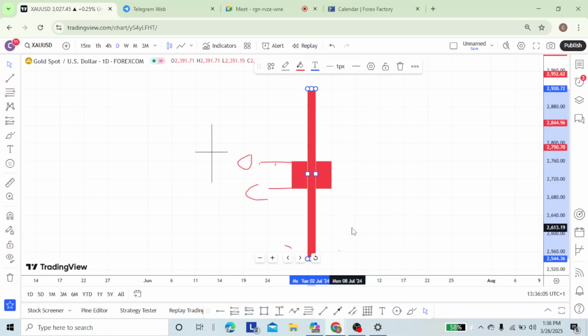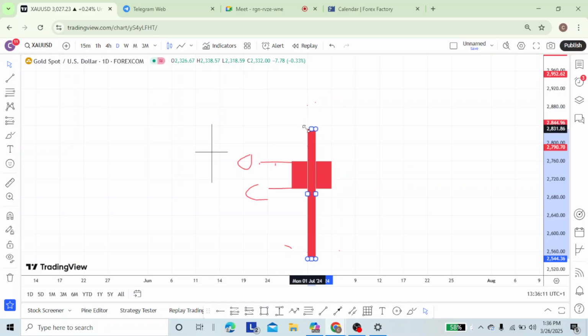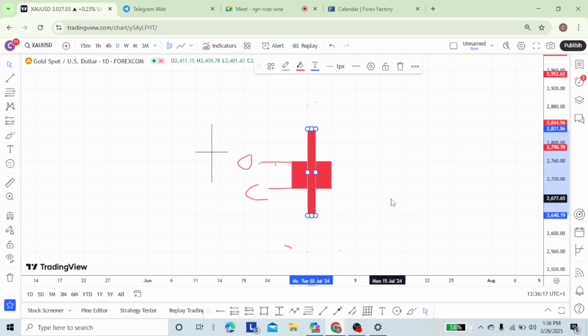And I said if the upper wick is not too long, if it's at the normal range, you call it spinning candlestick. Do you understand, or should we repeat? Yes, sir.